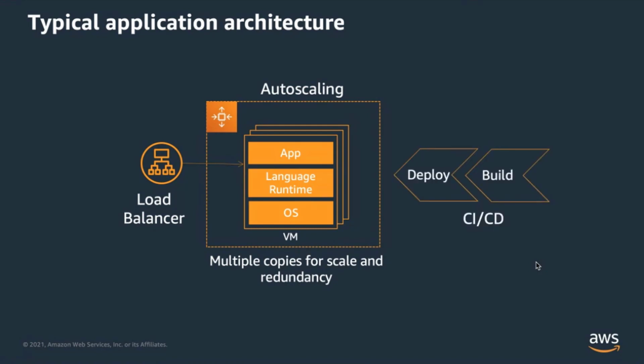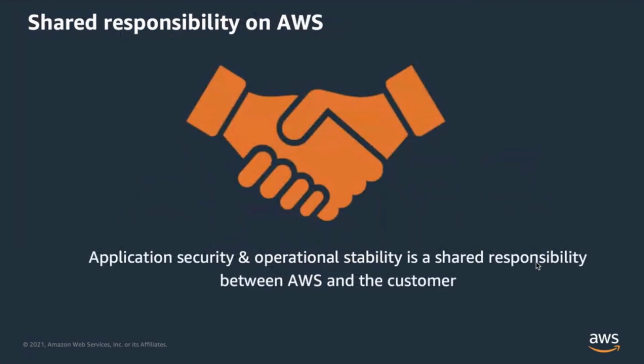And finally, you set up a CI/CD pipeline where as you're building and deploying new versions of your applications, you're essentially cycling through new VMs and deploying new versions of your applications. So this is a typical application architecture which you'd need to run a web application in the cloud.